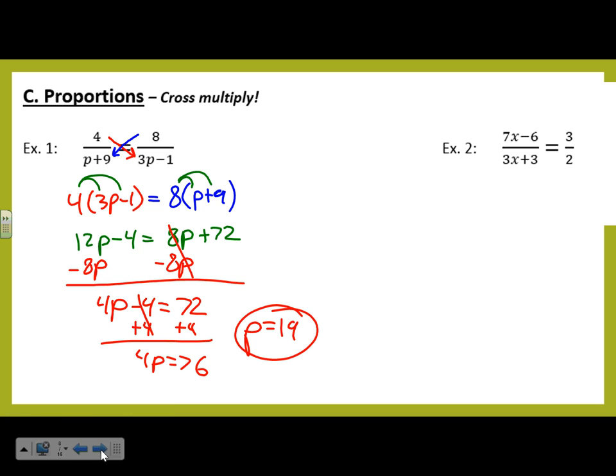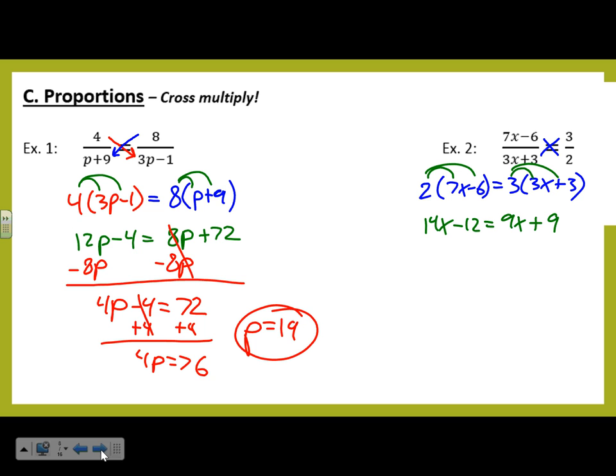For this one, I have 2 times 7x minus 6 is equal to 3 times 3x plus 3. Again, it doesn't matter what order you put some of these things. Just make sure you're multiplying the diagonals. So 2 times 7x, 2 times 6, 3 times 3x, 3 times 3. Subtract my 9.